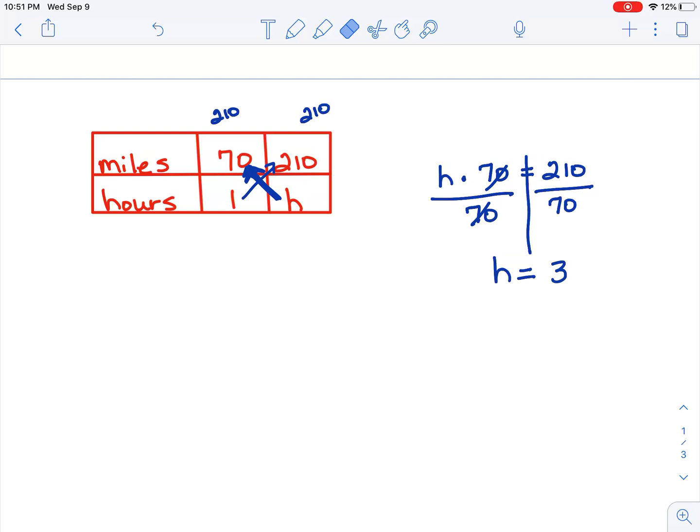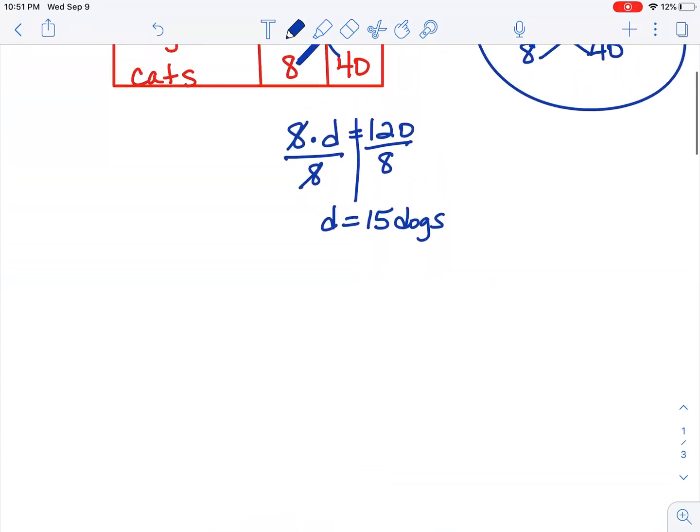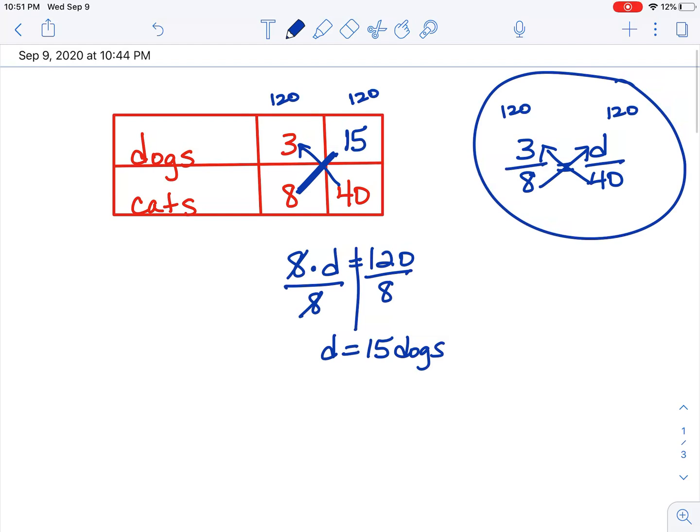That would be 3 hours. So that would stand for 3 hours. So a ratio table is just a proportion inside of a box.